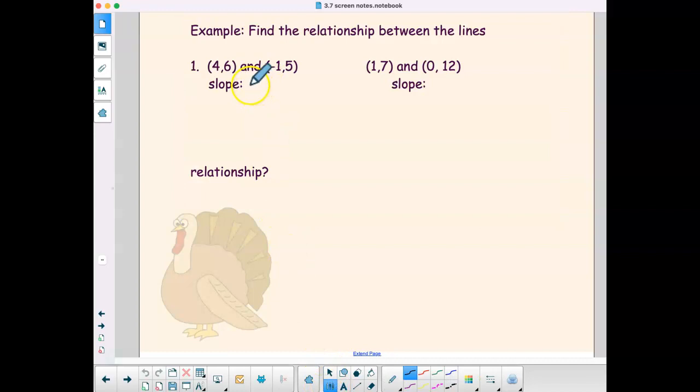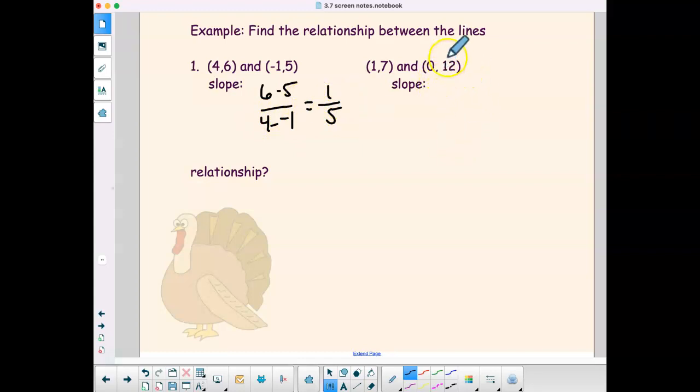You can either do 6 minus 5 or 5 minus 6, that doesn't matter, but then let's do 4 minus -1, because you just have to go the same way. So if you do 6 minus 5 on the top, you have to do 4 minus -1 on the bottom. We would get 1, and then the two negatives go together to make a positive, so that'd be 4 plus 1, so the slope of that one would be 1/5.